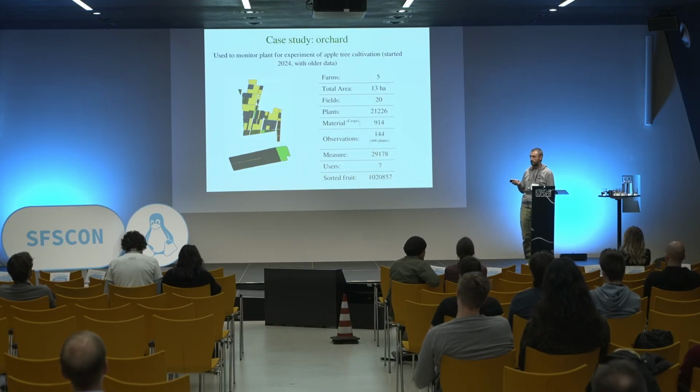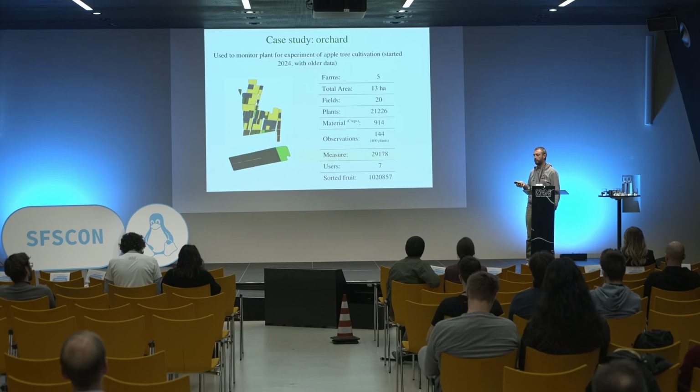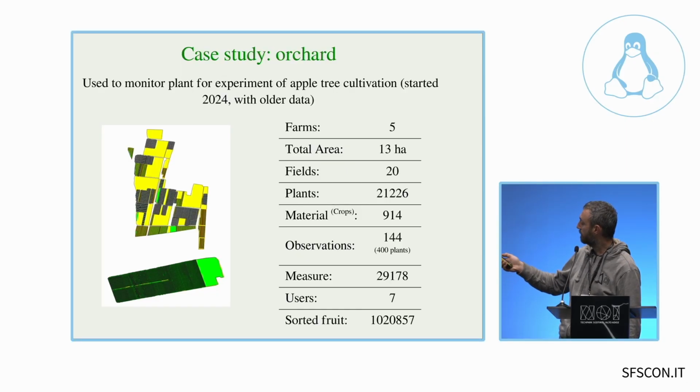We have 5 farms with about 13 hectares mapped. Of these 13 hectares, about 8 were completely mapped with the plants. So all the dots that you can see here and here are completely black because they are all plants.